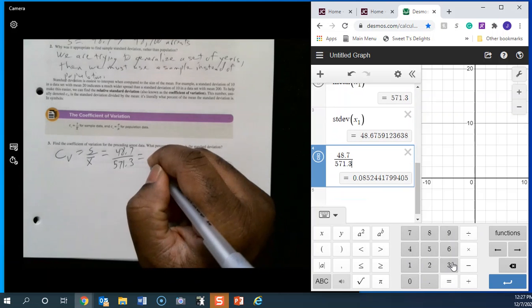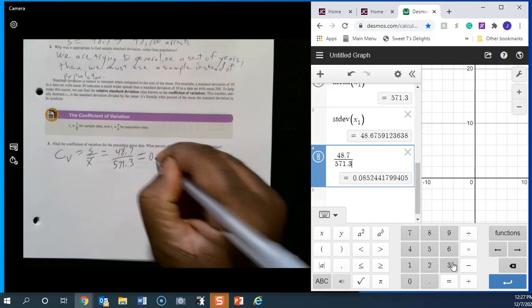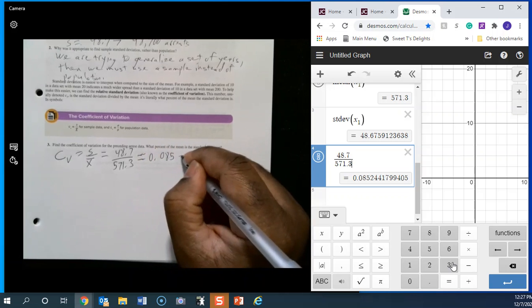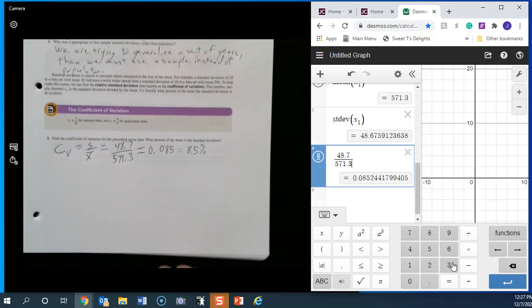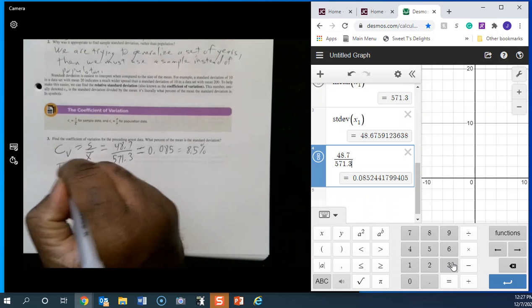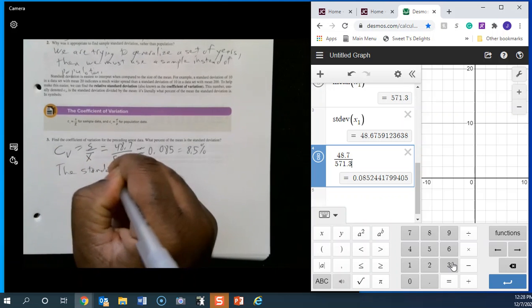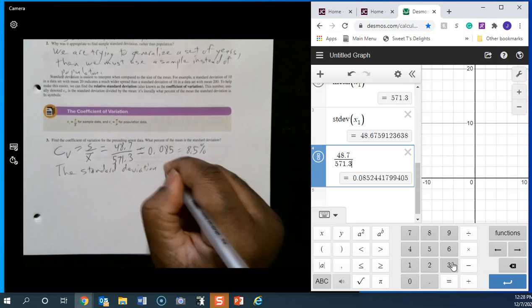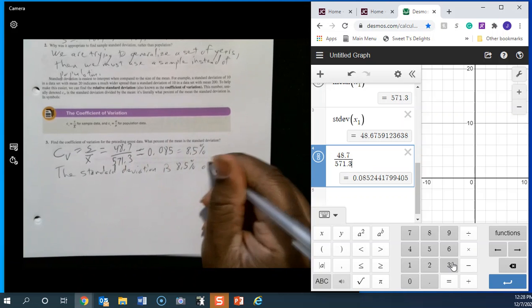So if we went to 3 decimal places, it'd be approximately 0.085, which would give us 8.5%. So the standard deviation is 8.5% of the mean.